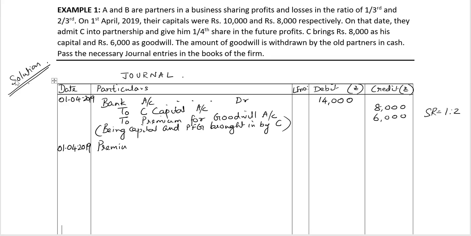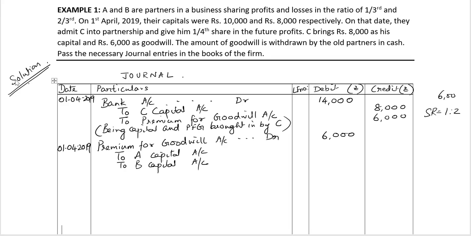Premium for goodwill account debit Rs 6,000 to A capital account, to B capital account.